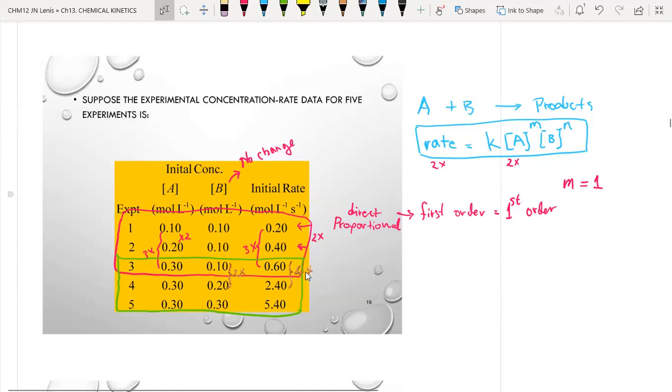So basically, we can say that from 2x it went up to 4x. So it went up by 2 squared.